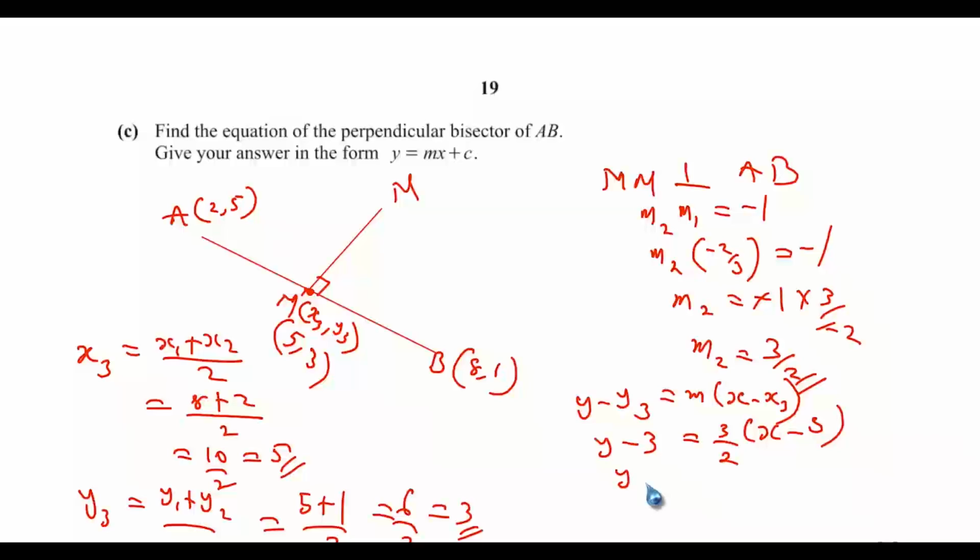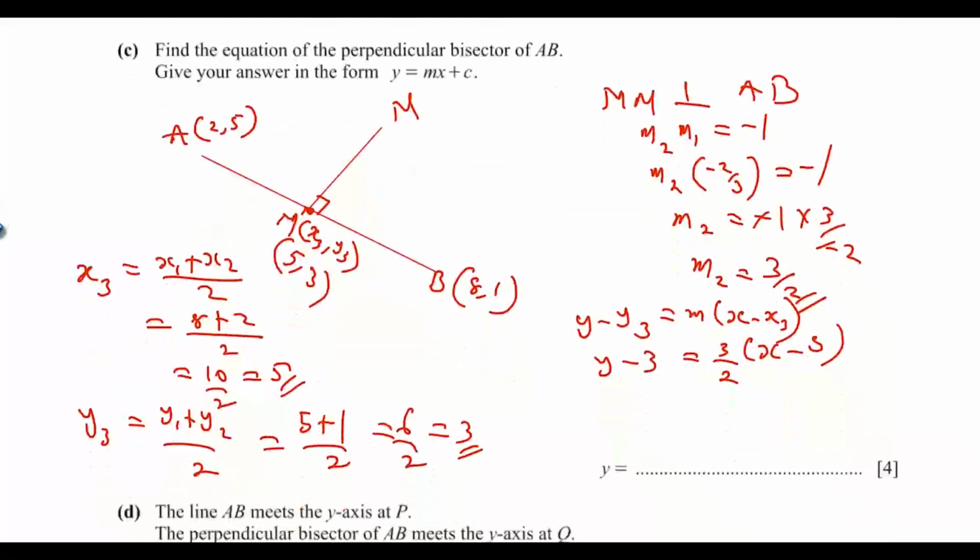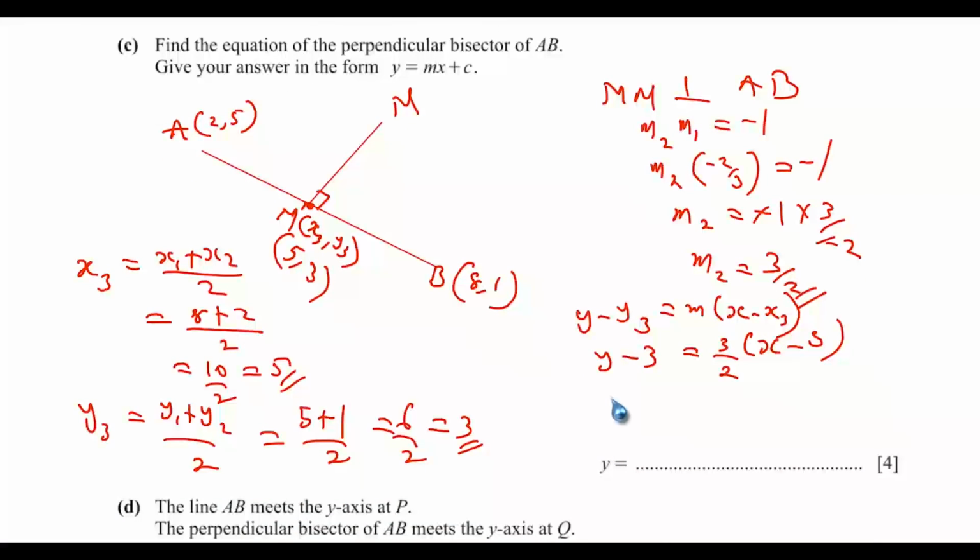Okay, let's expand the bracket because we don't have space here again. So that is why I'm trying to manage this. So we can say that y minus 3 equals 3 over 2x minus 9 over 2.